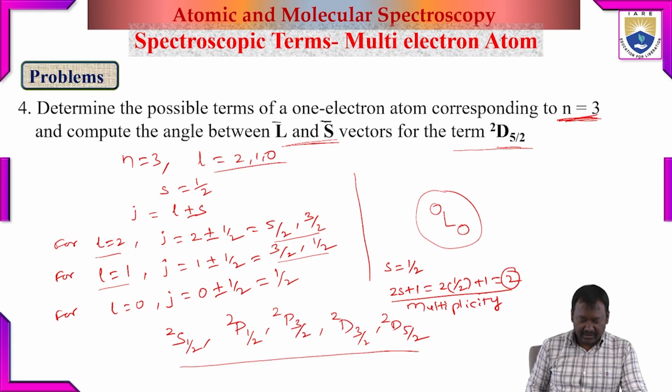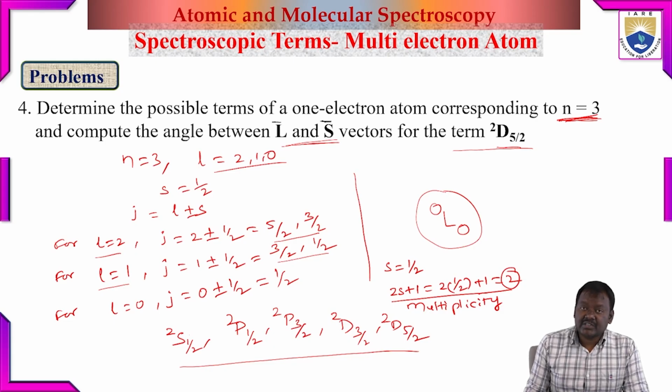So let us see. We already discussed how to calculate spectral terms for single electron atoms such as hydrogen, and even for atoms whose outermost orbital electron configuration has one electron.